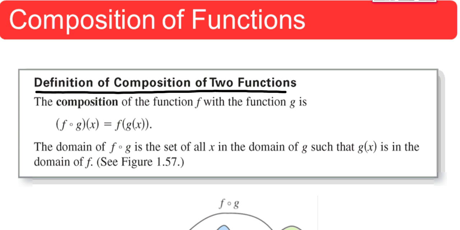And I use that notation every single time I do it, pretty much, as we go through. And so then the tricky part here is the domain of f composed with g is the set of all x that are in the domain of g so that the answer, the range of g, is in the domain of f.